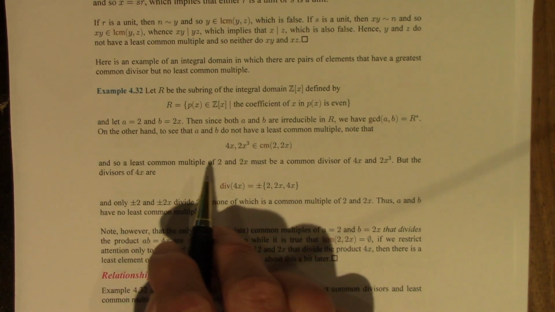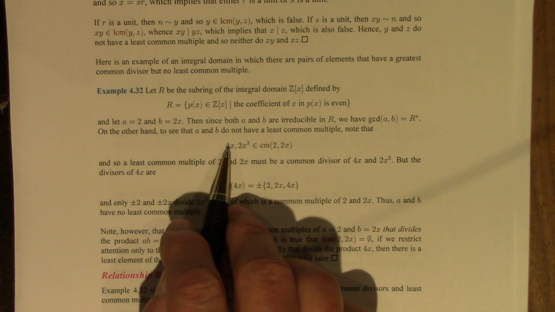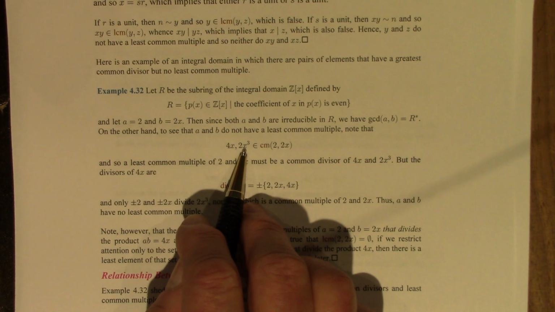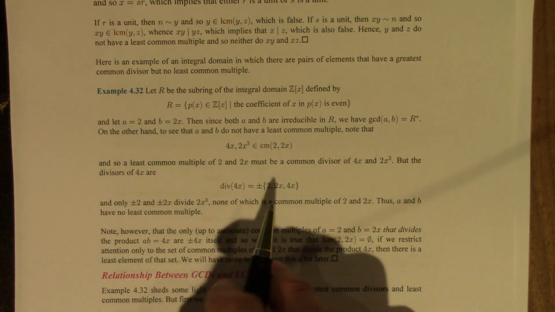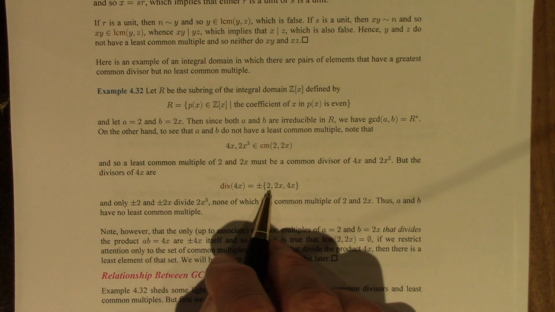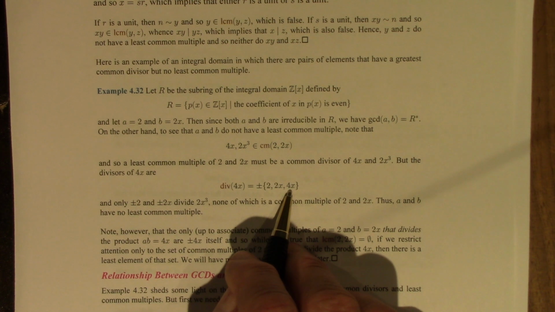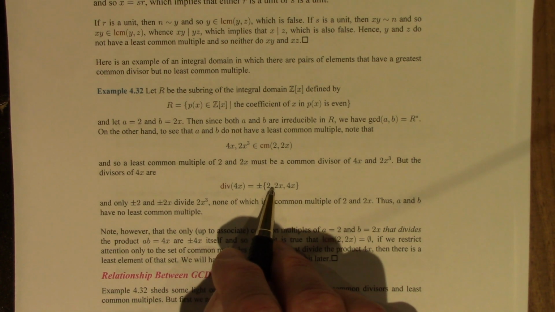So a least common multiple of 2 and 2x will have to be a common divisor, have to divide both of these. But what are the divisors of 4x? There are 2, because we have 2 times 2x, and so 2x times 2, and 4x, and their associates. Nothing else.